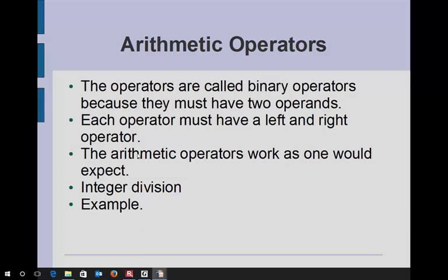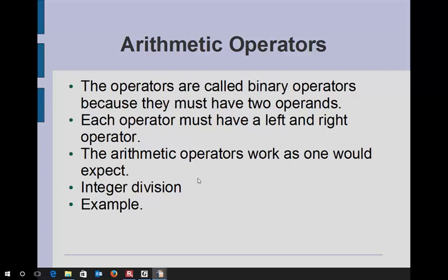Most of the arithmetic operators work as expected, except for integer division. If I divide an integer by an integer, I'm going to get an integer. I'm going to show you examples in just a minute of how integer division is different from real number division, and we'll work on some Java code related to that.